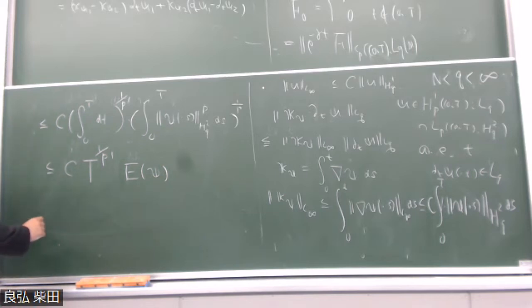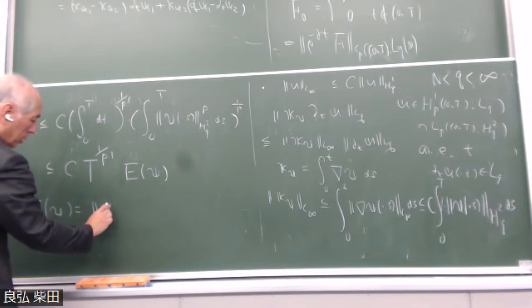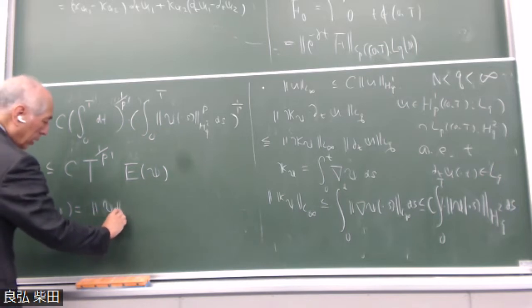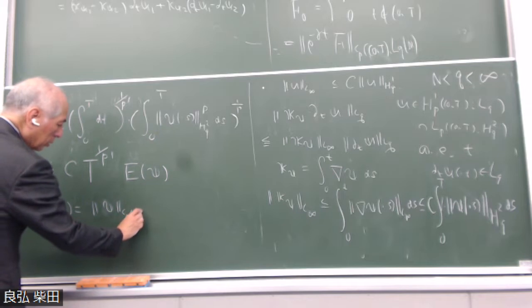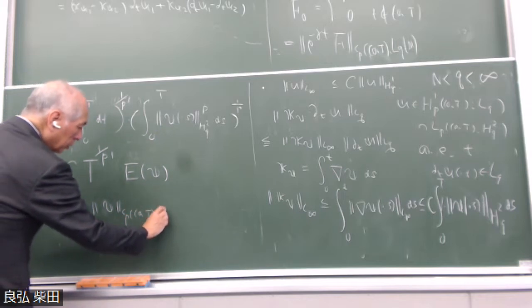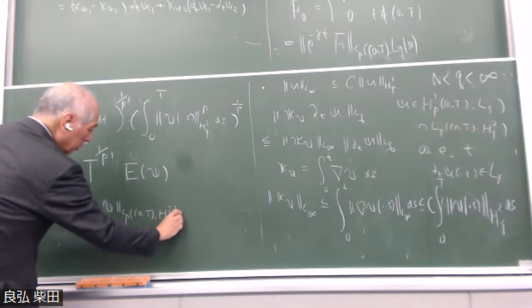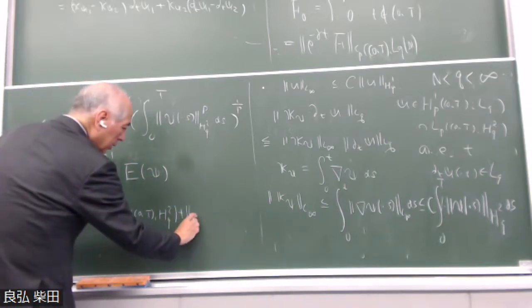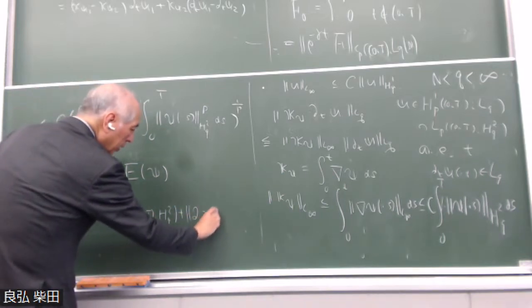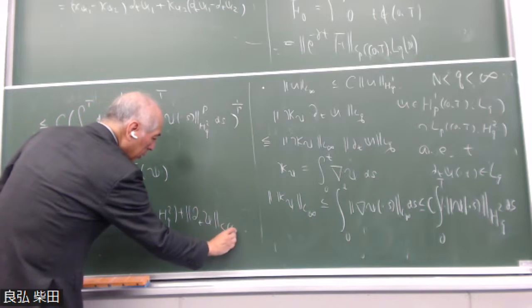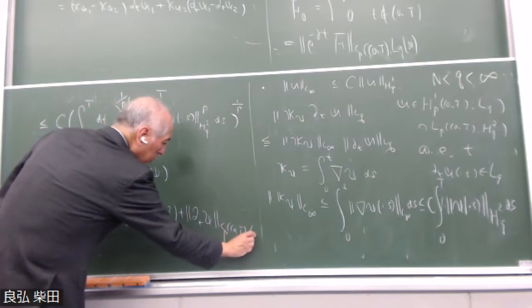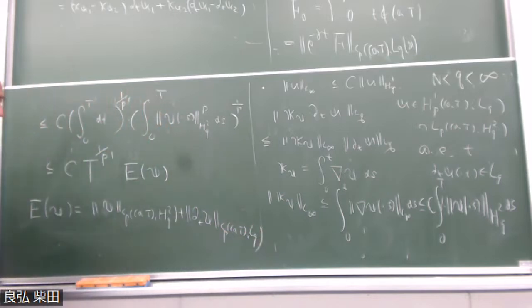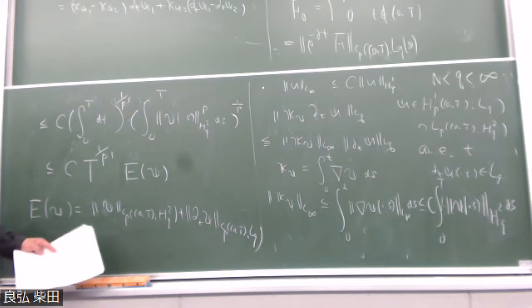Could you please remember that EV or EU is B, LP, 0T, H2Q plus B, LP, NQ. This is the norm.